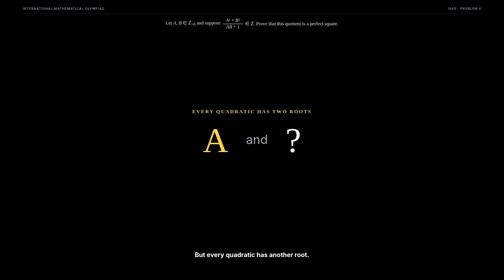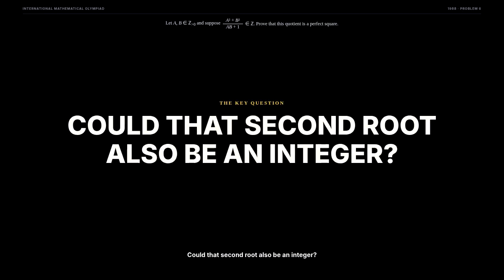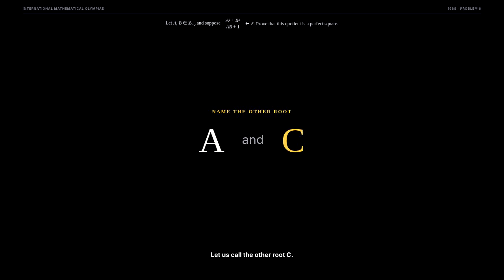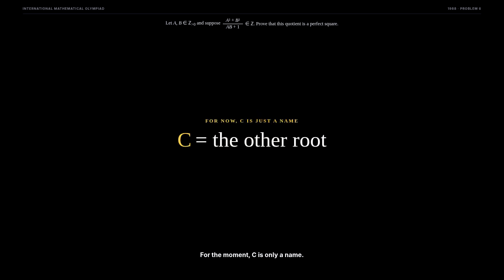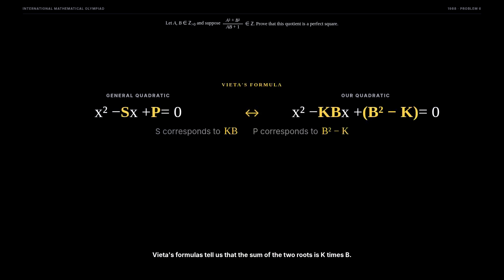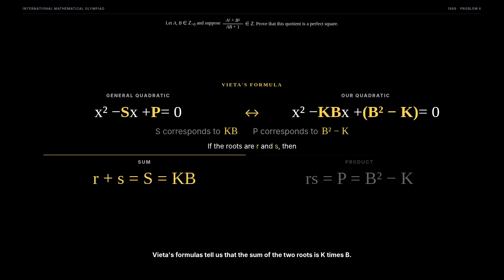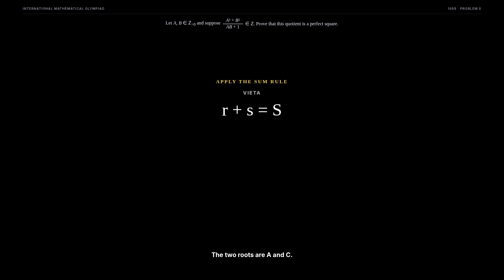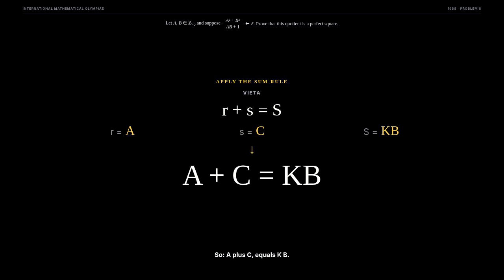But every quadratic has another root. Could that second root also be an integer? Let us call the other root c. For the moment, c is only a name. Vieta's formulas tell us that the sum of the two roots is k times b. The two roots are a and c. So, a plus c equals kb.